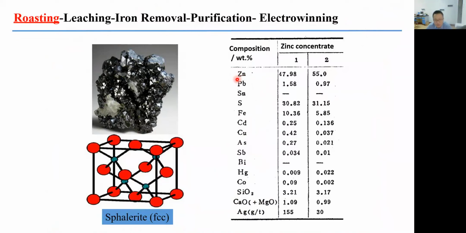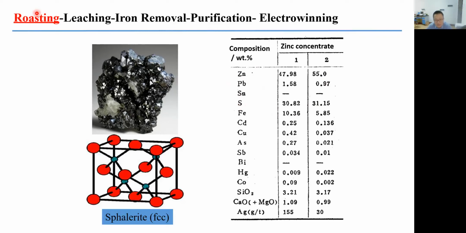As I have already mentioned, zinc has the largest concentration in this concentrate, and besides zinc, the largest impurity element will be sulfur. So in this roasting part, I would like to see that in the roasting process, the majority of the sulfur can be removed.